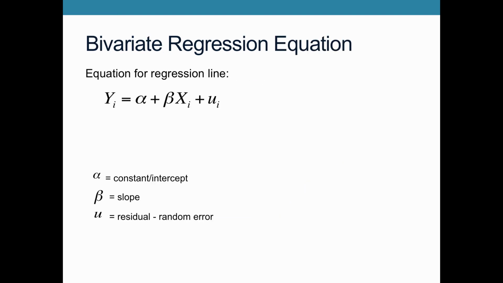So here is the equation for bivariate regression. It's pretty much the same thing as what we just saw on the last page, more or less. The equation for a regression line in general is y, our dependent variable, equals alpha, and that's the constant or the intercept, the y-intercept, plus beta times x. So beta there is the slope. And here's where it's slightly different, which is that you have a residual random error.